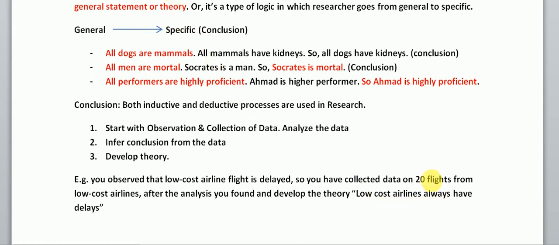So dear students, keep in mind, look here, this is something general. You have concluded it on the basis of something specific. What is that specific thing?